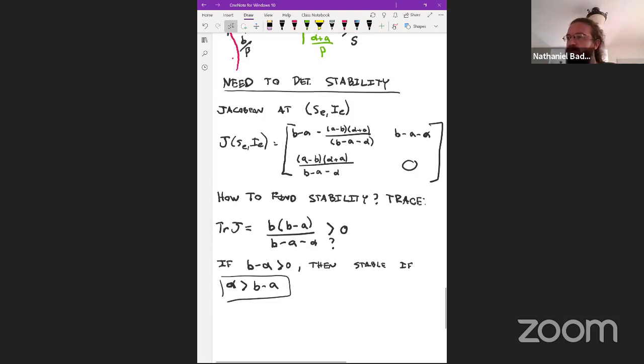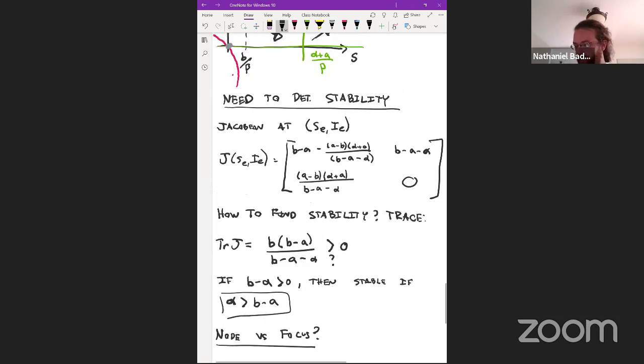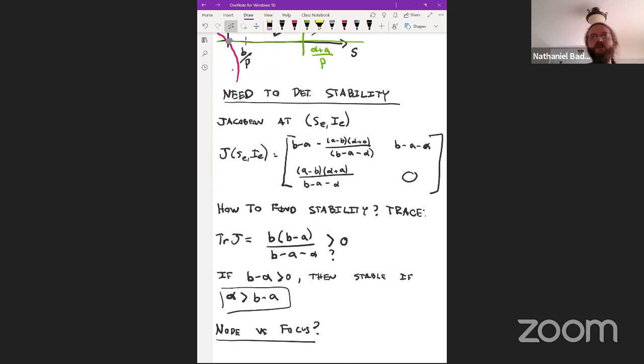Similarly, it turns out, node versus focus. Very nicely, despite the fact that this Jacobian is looking ugly, the determinant is going to be really straightforward.